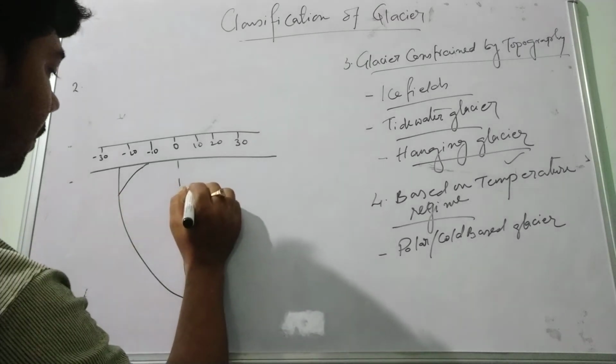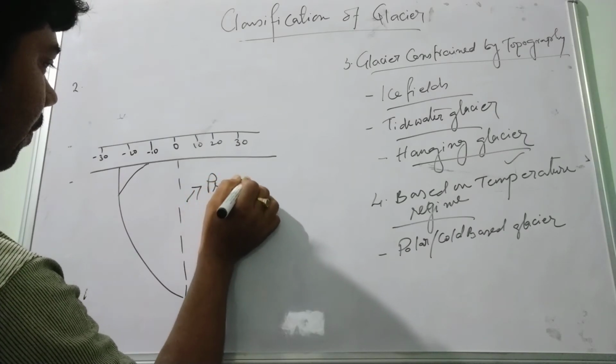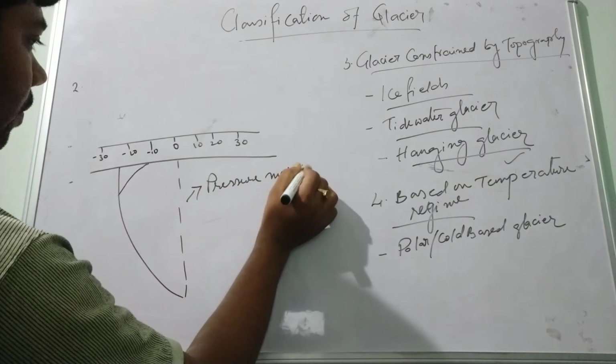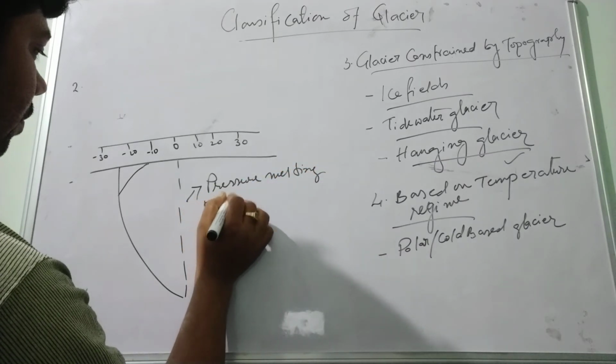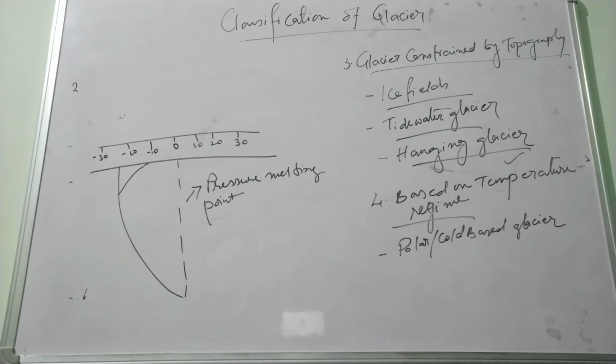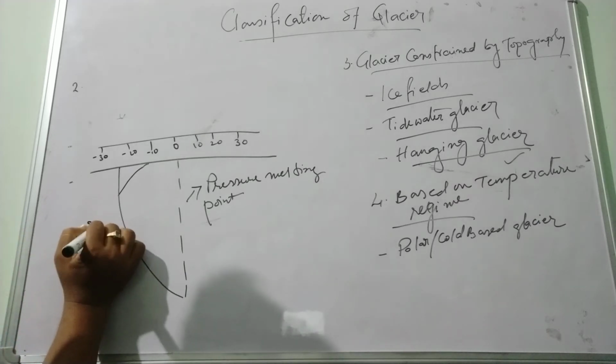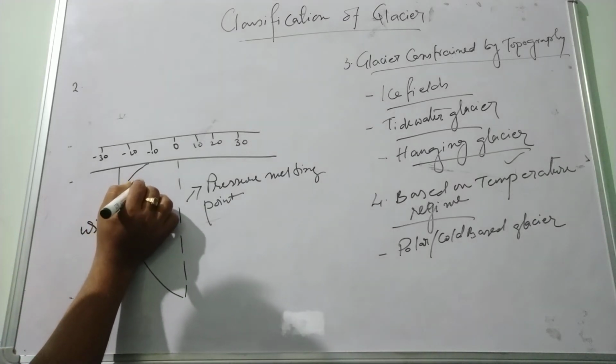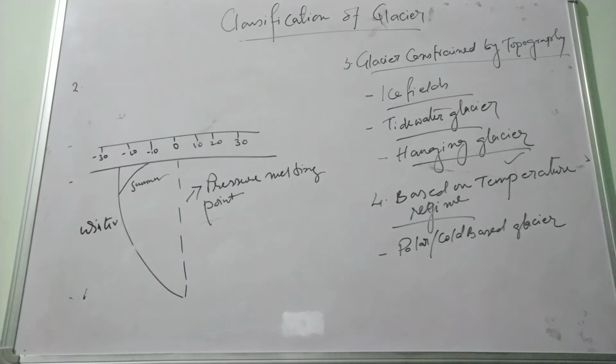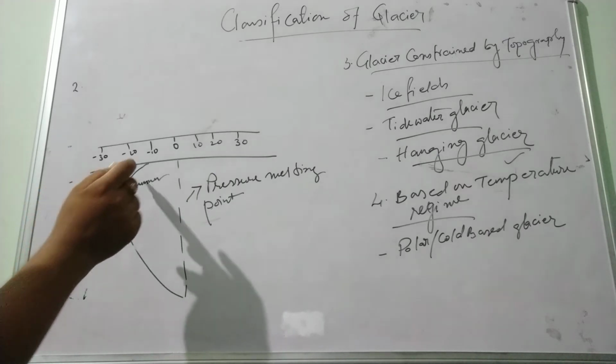This is known as the pressure melting point. Here in winter and summer, the temperature of the ice is less than the pressure melting point, and therefore it is frozen here.